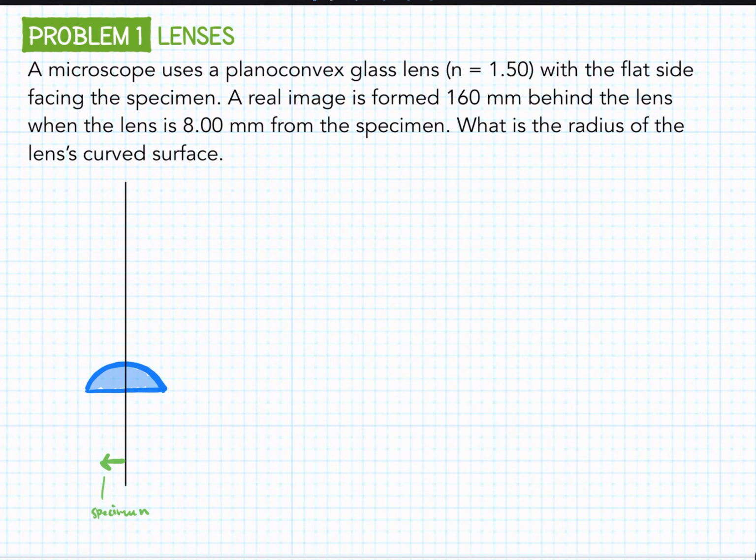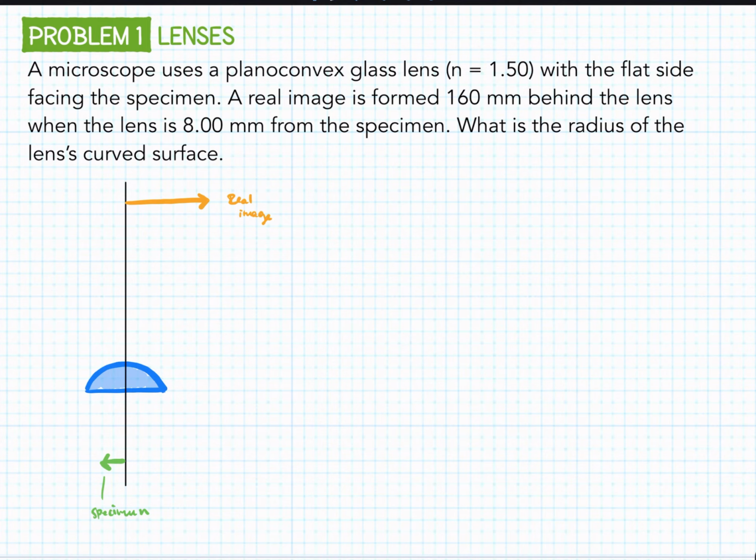We know a real image is formed 160 millimeters behind the lens when the lens is 8 millimeters from the specimen. So we know somewhere back here we have a real image.